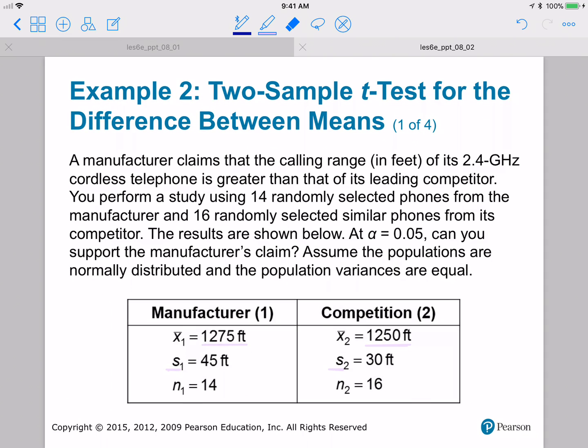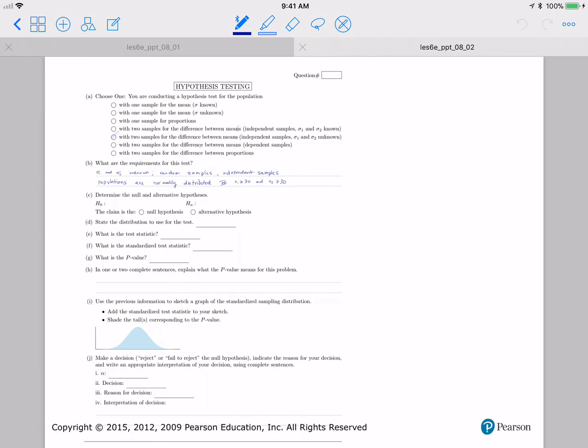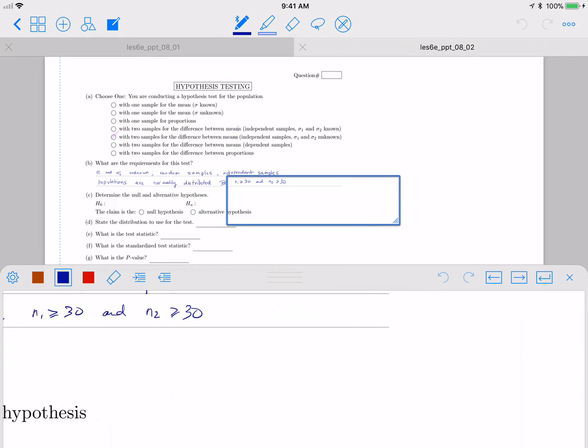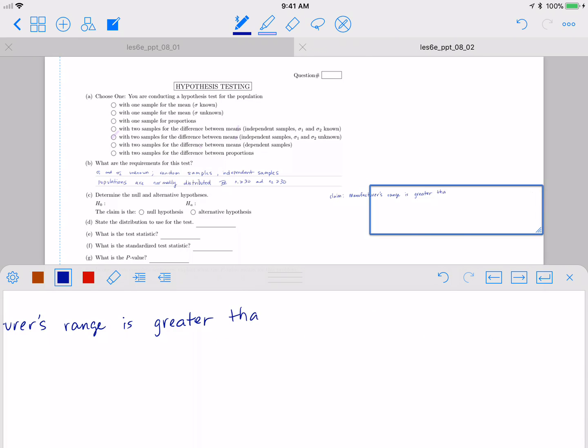Okay, so let's go ahead and turn this into our null and alternative hypotheses. So the claim is that the manufacturer's range is greater than the competition's range.